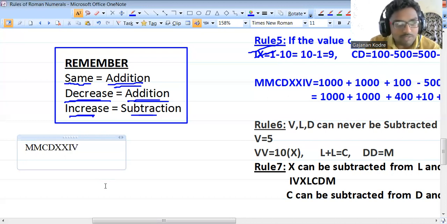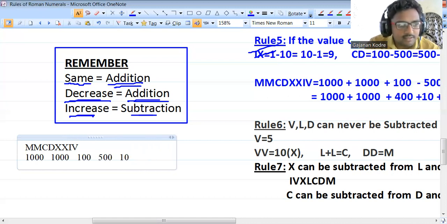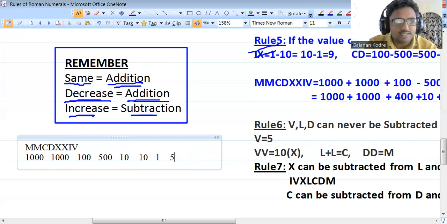Rule number 2 says, yes, write the value of each symbol. तो हमने स्टार्टिंग में ही देखा है कि M की वैल्यू 1000, next M की वैल्यू 1000, next C is 100, D is 500, X is 10, X 10, I 1, V 5. Rule number 2, yes. Rule number 3, yes, no symbol repeated. So rule number 3, no need to take into consideration.